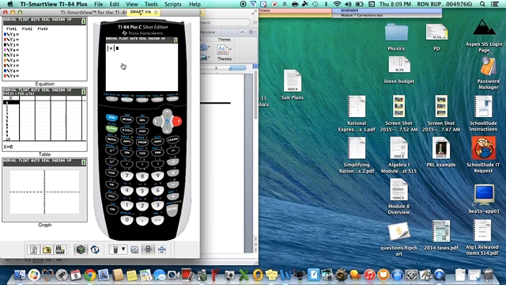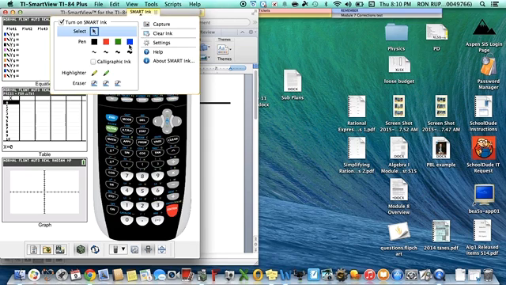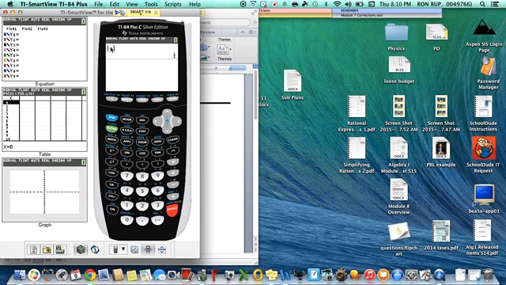When you multiply fractions, you multiply straight across. 1 times 2 is 2, 2 times 3 is 6, or 2/6. And then obviously 2/6 would reduce down to 1/3.